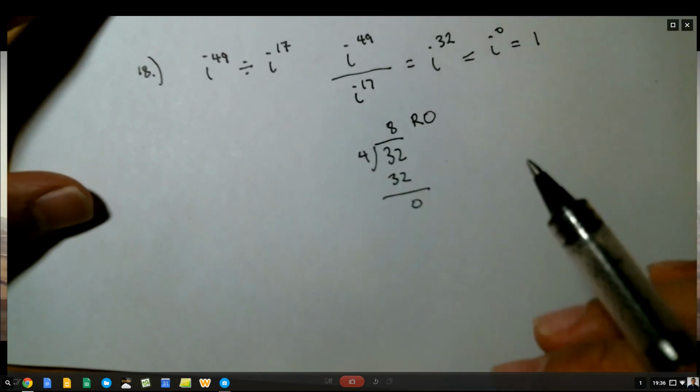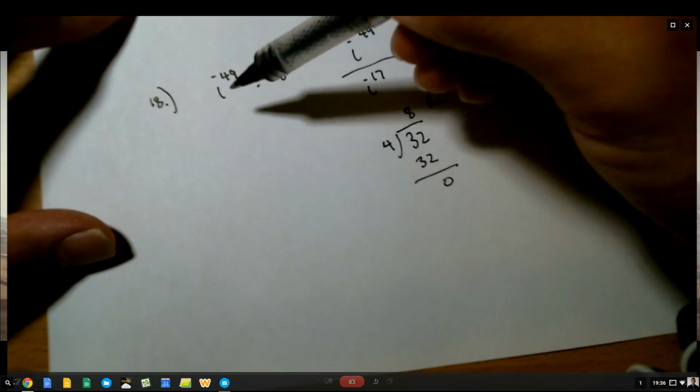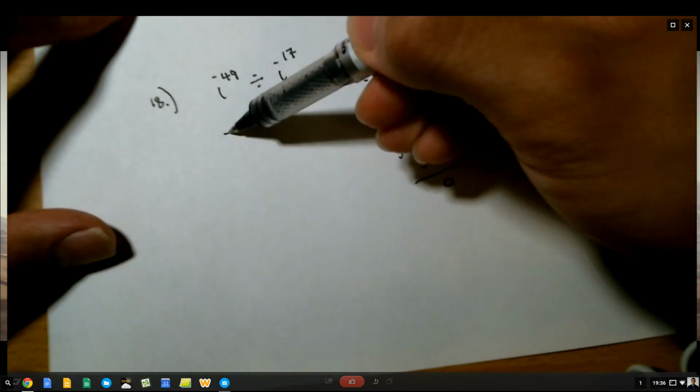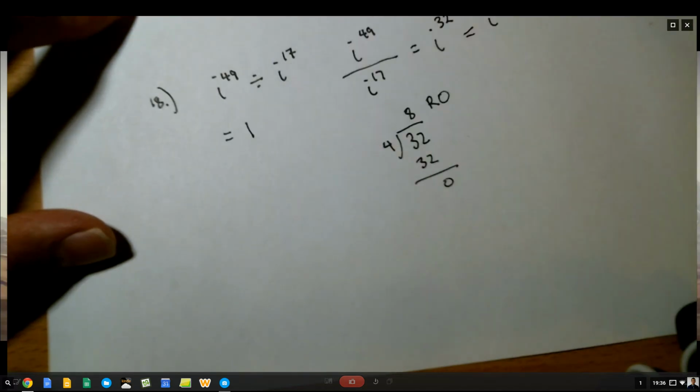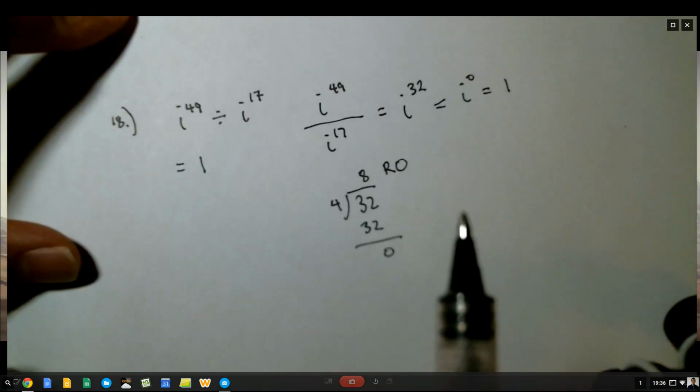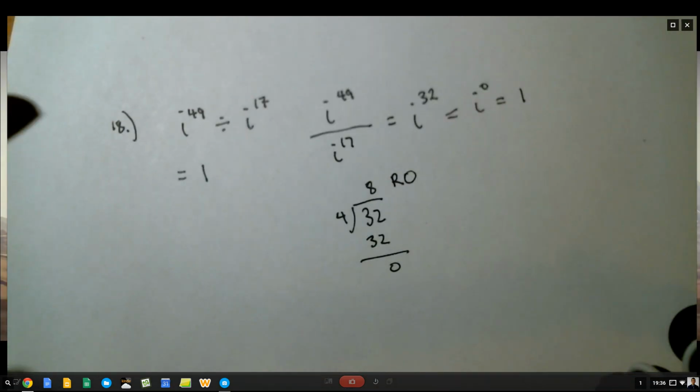So what that tells you is this whole thing, i to the 49th power divided by i to the 17th power, is equivalent to 1. And that is our answer. Okay? Once again, if you have any questions, you can ask me tomorrow in class, okay? Have a good night.